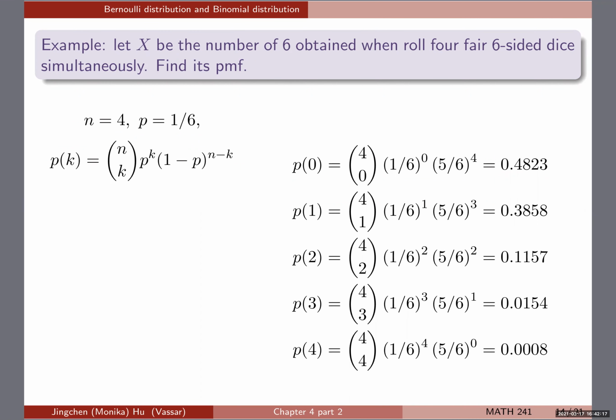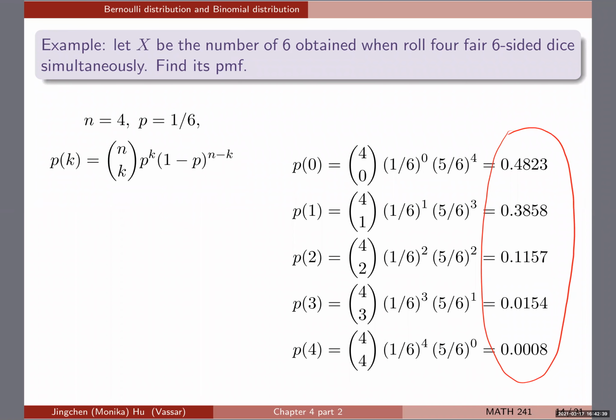The reason I show not only the choose expression but also the values is that if you add them up really quickly, maybe using a calculator, you will see that all of this adds up to 1.